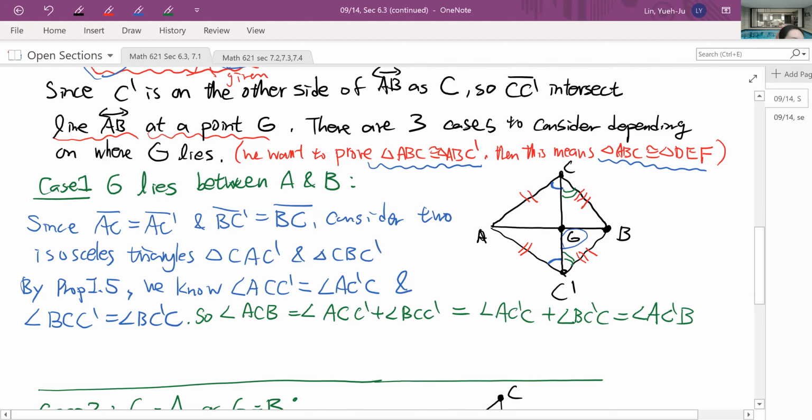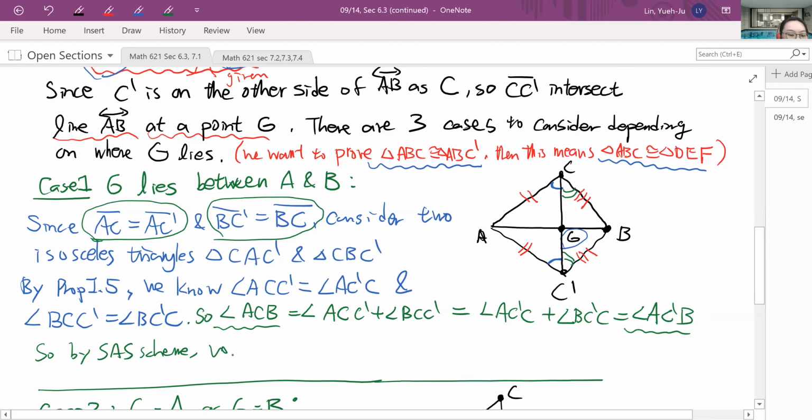Now we have all the conditions. You can see that we have AC equals AC prime, BC prime equals BC, and we also have the angle in between, which are equal. Then this is obviously SAS. So by the SAS scheme, we know triangle ABC is congruent to triangle ABC prime.